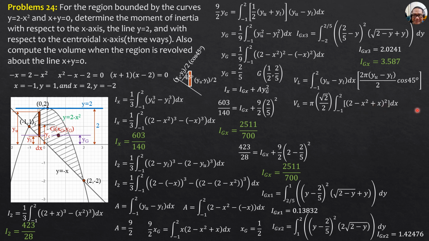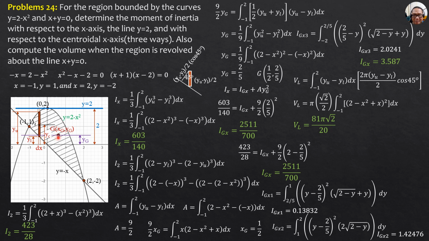Because this is calculator aided again, the volume as an exact answer is 81 pi square root of 2 over 20. Then by another technique, we have to determine the distance from this point, the centroid, to this axis of revolution, which is the distance from a point to a line.